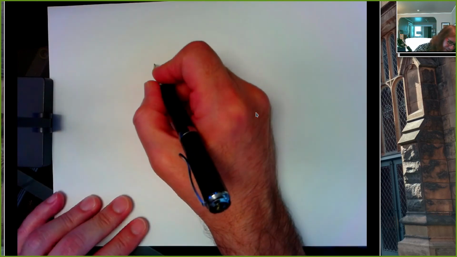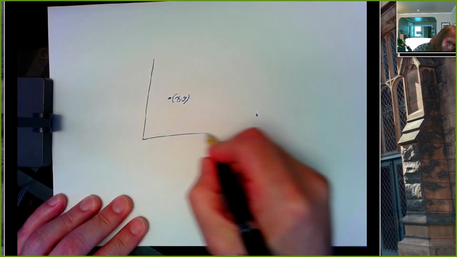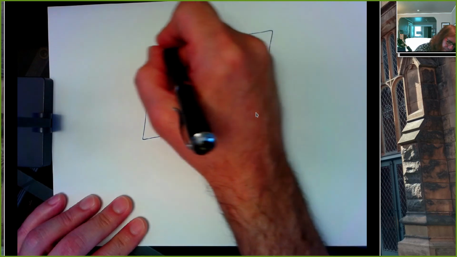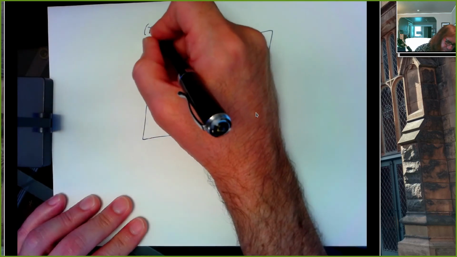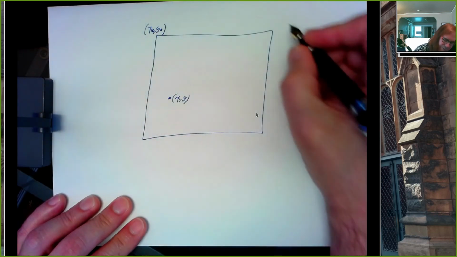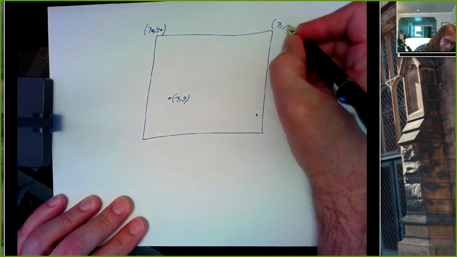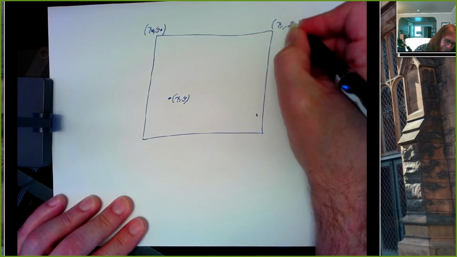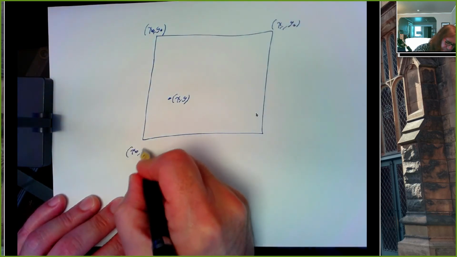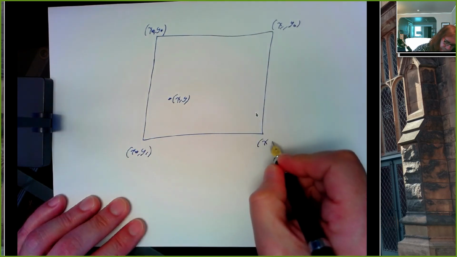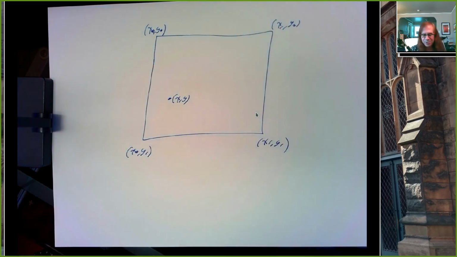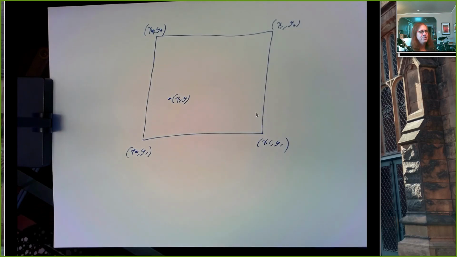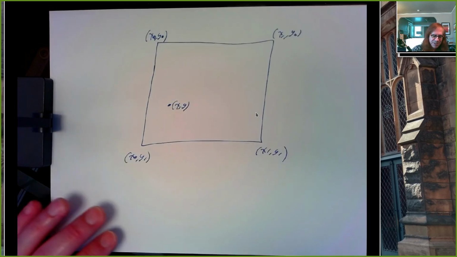So let's call these something. I'm going to give them horrible names. Don't call them that if you're typing, call it like X upper left, Y lower right, that kind of thing. But since we only have a minute, right?